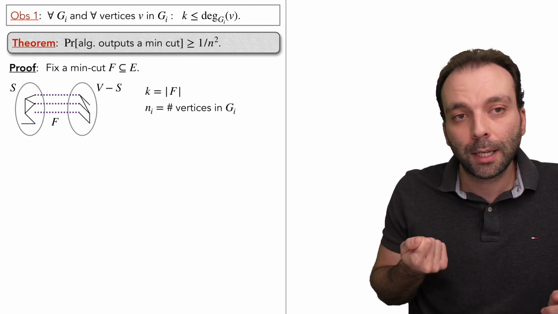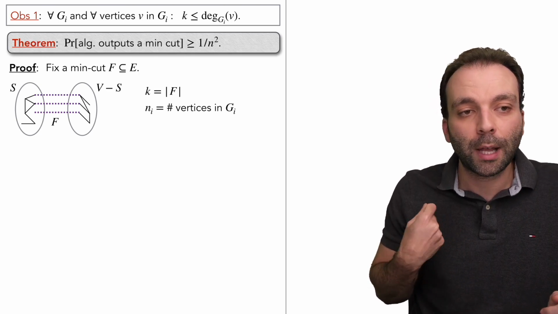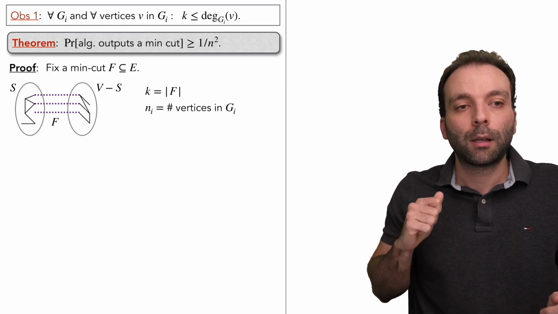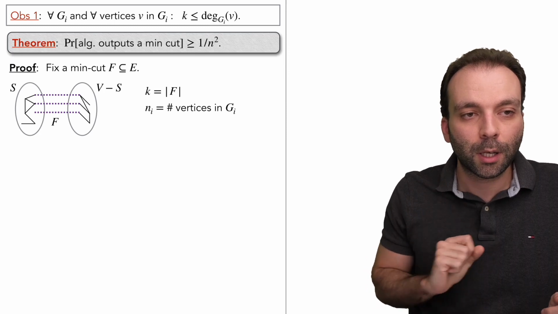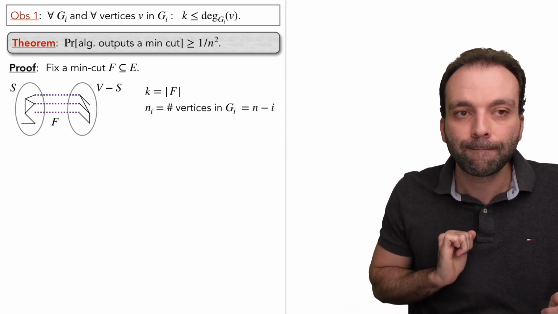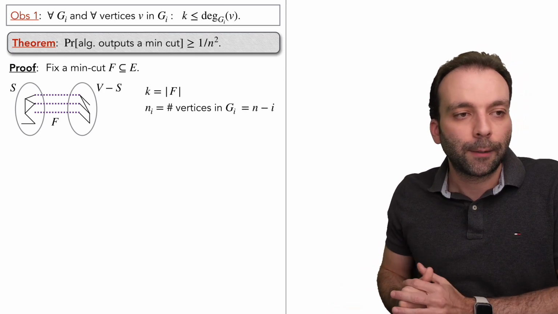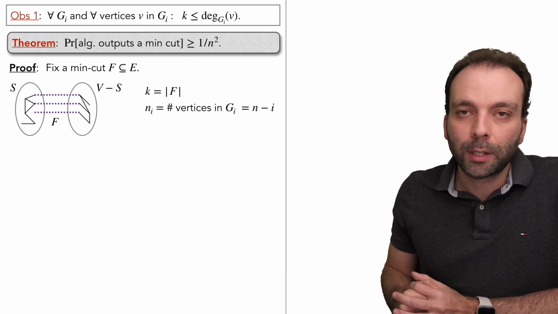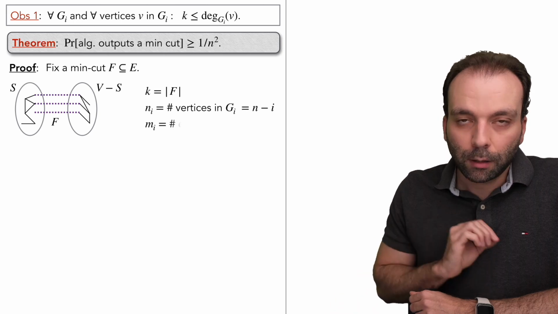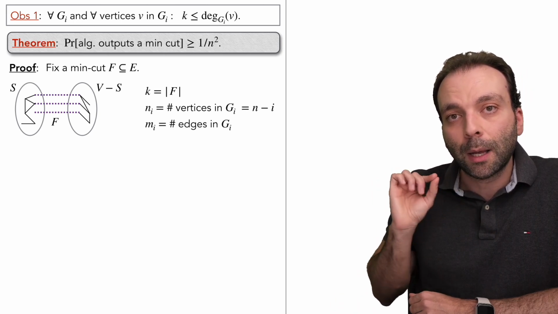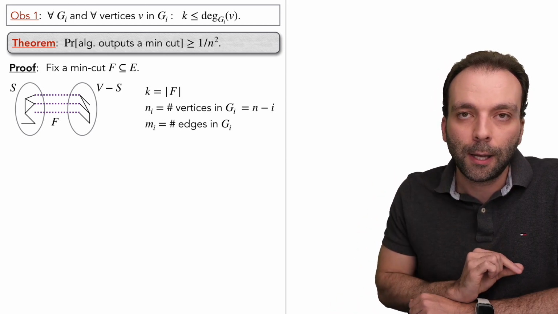Well, the number of vertices goes down by exactly 1, right? So it's going to be n minus i. Yes. Exactly. So n sub i, the number of vertices in G sub i, is going to be n minus i, exactly. And similarly, we're going to denote by m sub i the number of edges in G sub i.